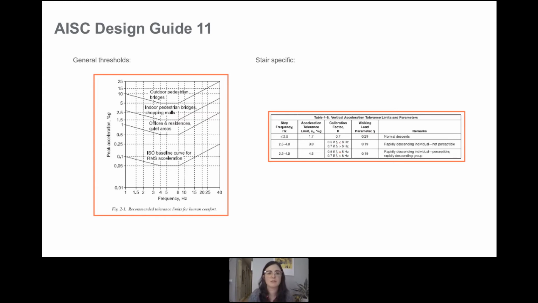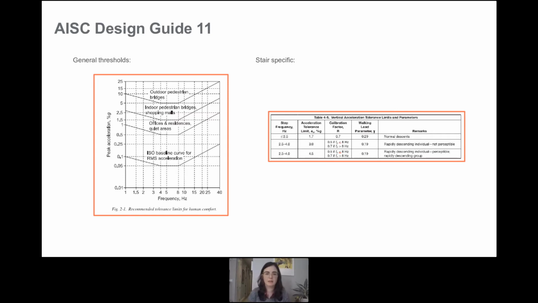So there's offices versus residences versus when you're walking on a pedestrian bridge, you're going to be comfortable with a larger amount of vibration than you would be if you were sitting at your desk or sleeping.